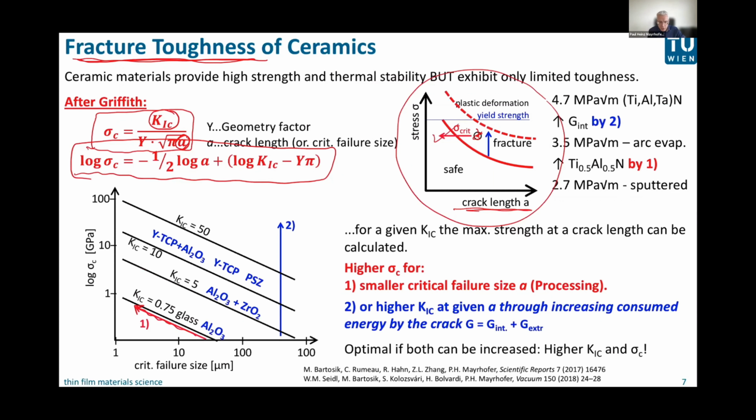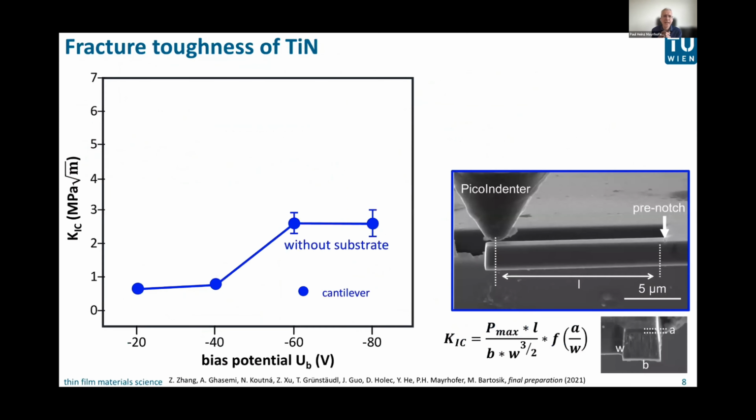The second one is we change K1C. Change K1C of our material, and thereby we use actually the consumed energy per crack. I will give you some brief information on that. We tested the fracture toughness of thin films with an in-situ micromechanical test.